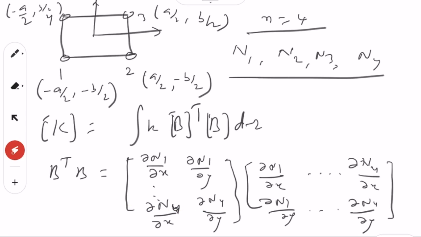So let's say we are talking about k41, so we go to 4 here and 1 here. What do we get? K times del n4 del x multiplied by del n1 del x, plus del n4 del y multiplied by del n1 del y.